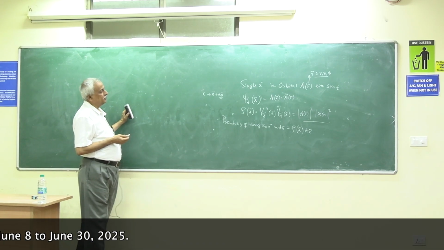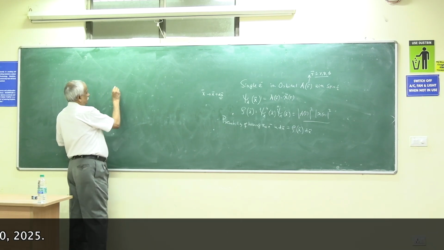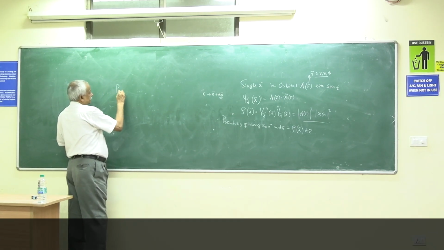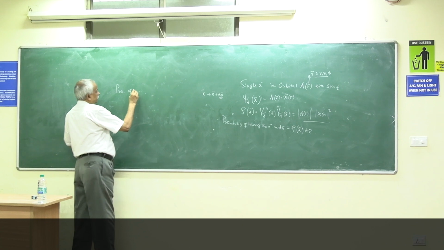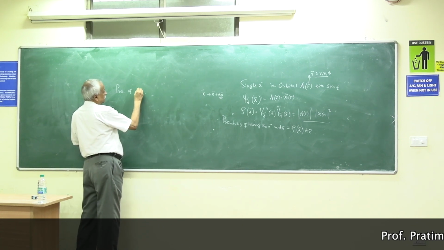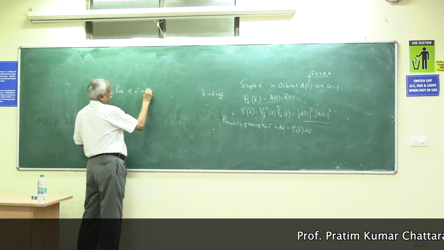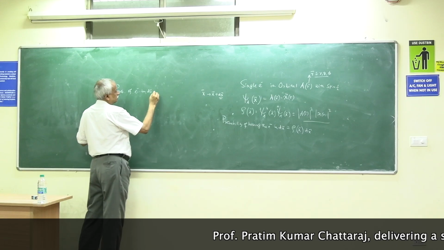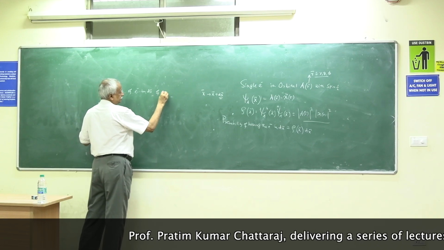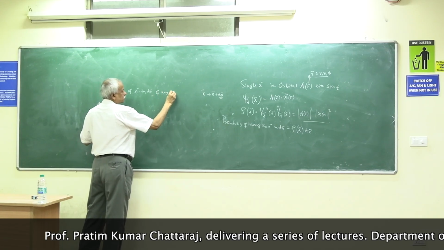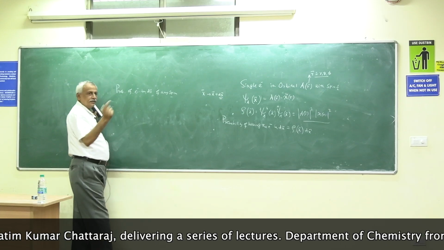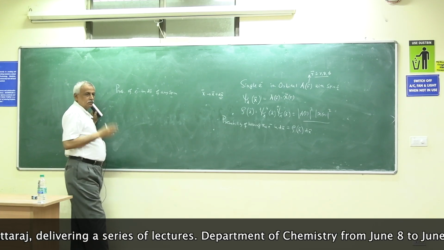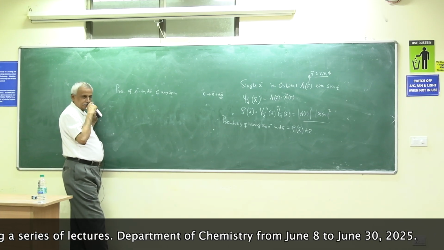Now, suppose I want the probability of getting the electron in dr of any spin. I do not bother about spin, only where I shall get the electron. We do not want to specify whether alpha spin or beta spin.